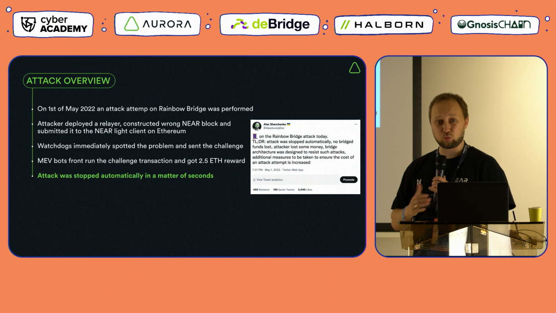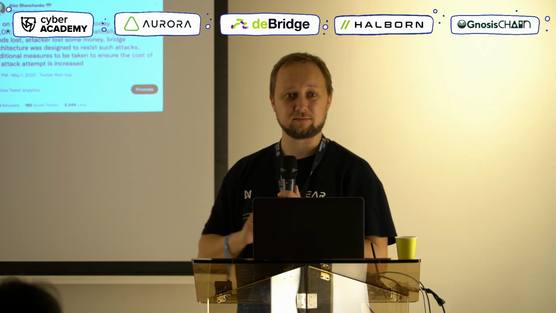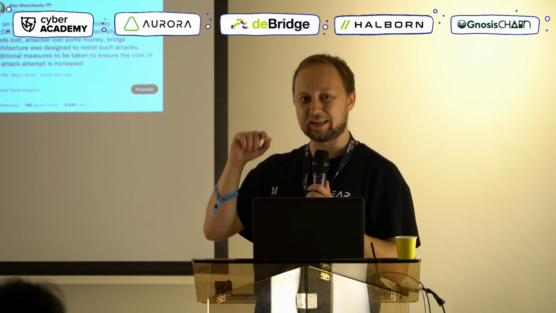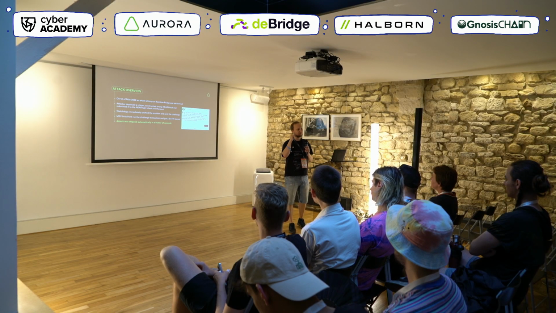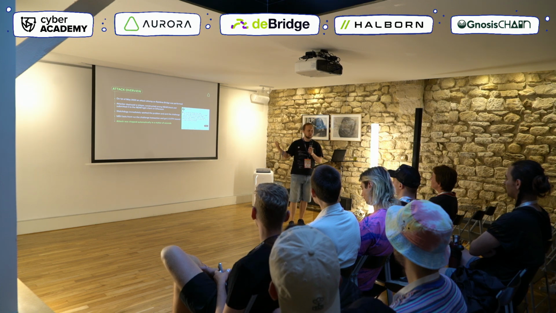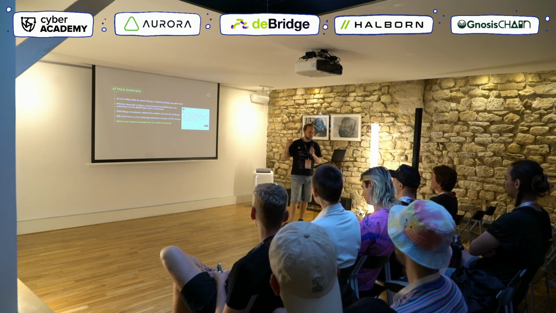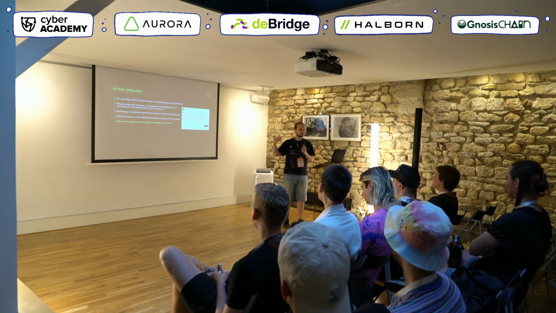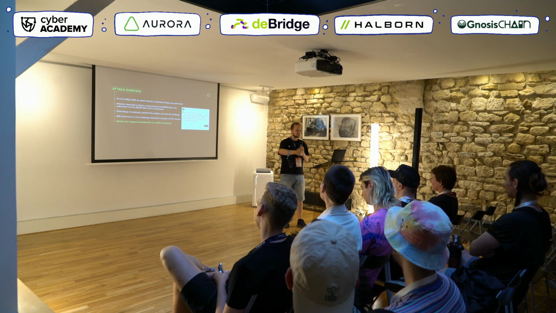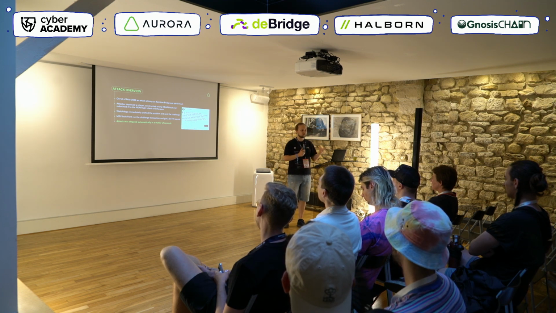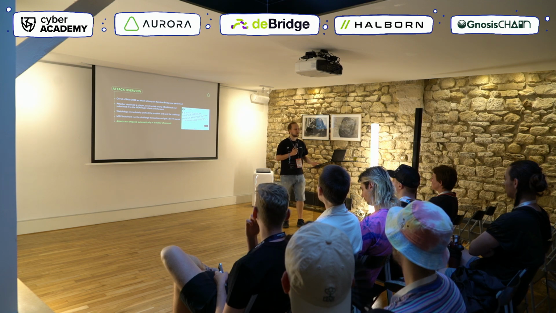And that transaction was immediately front run. Immediately. Within seconds, the attack was mitigated automatically. The attack on all of the liquidity that is in the bridge, and potentially not only the tokens, because Rainbow Bridge is a generic bridge. So maybe the person was actually sending some kind of invalid message, for example.